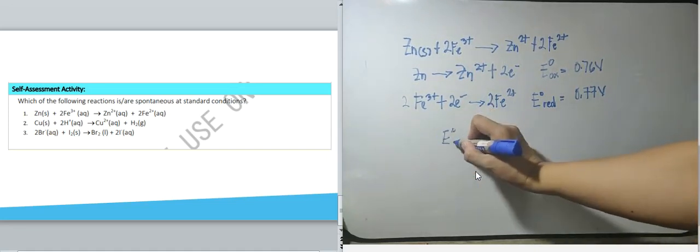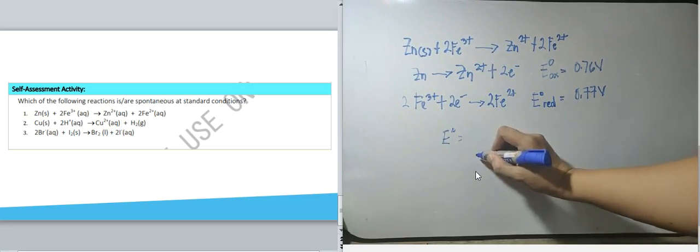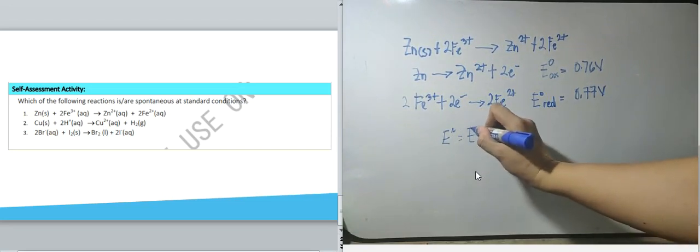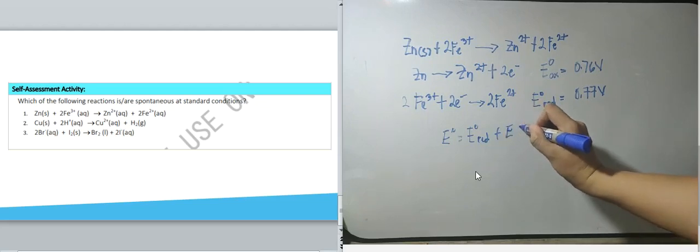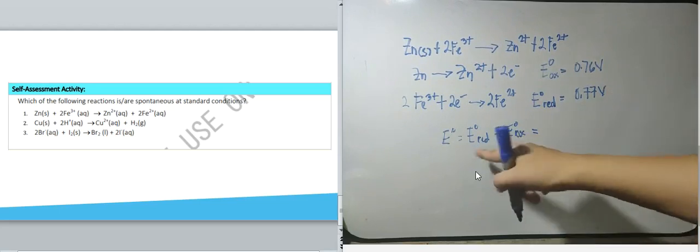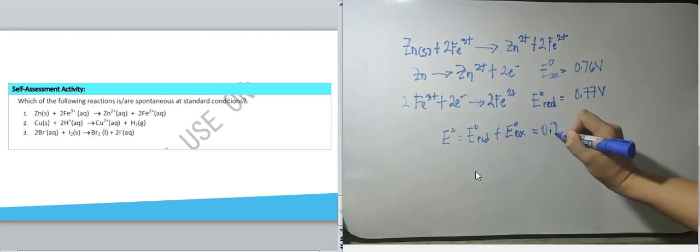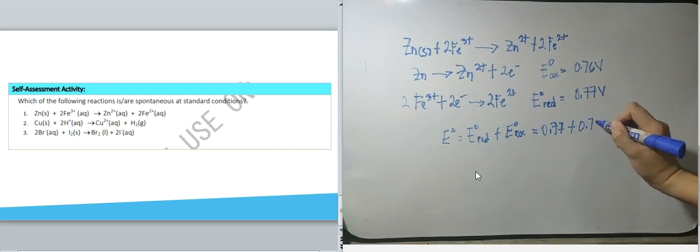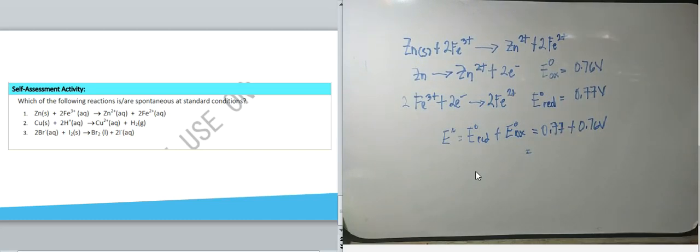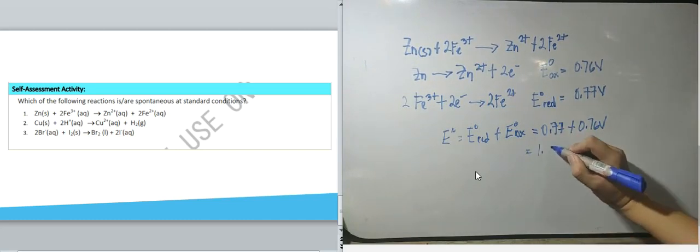Okay, so our standard electrode potential will be the reduction plus oxidation. So 0.77 volts plus 0.76 volts equals 1.53 volts.